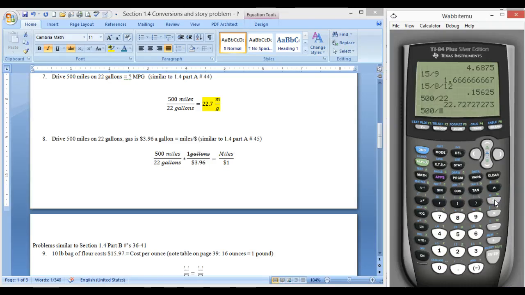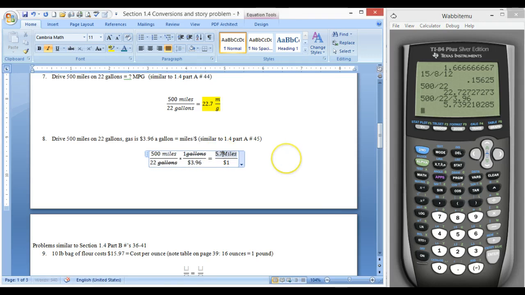Or you can use your own calculator that you have in your hand and just compare with what I have on the screen. Divided by 22 divided by 3.96, which gives me 5.7 or 5.74 miles for every dollar of cost. There we go, and that's the answer.